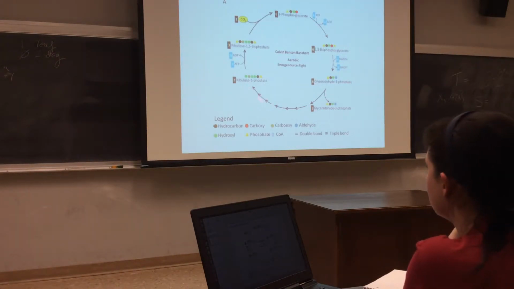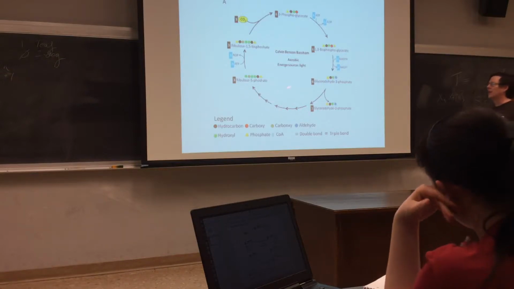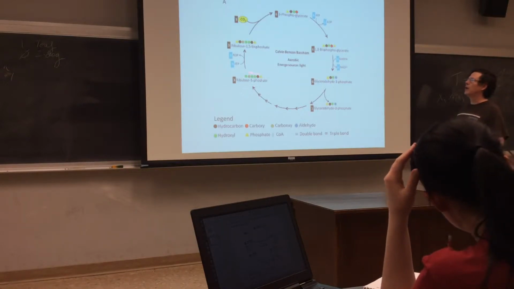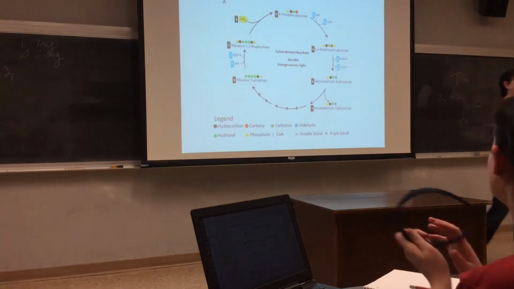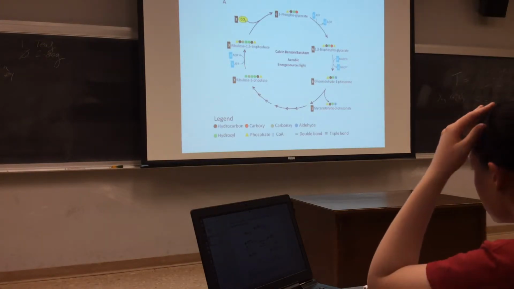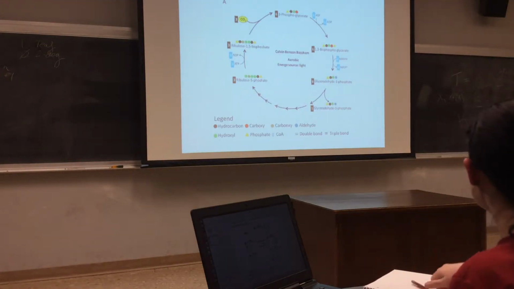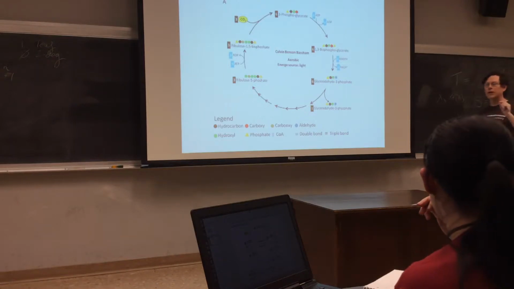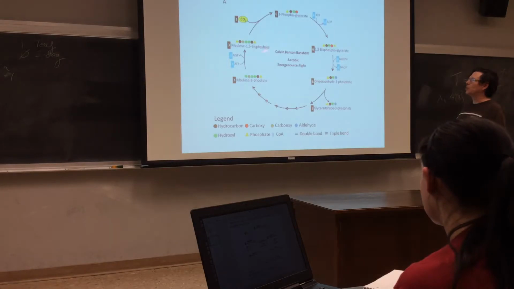Then there's all of those interminable transketolase, transaldolase steps to get you ribulose 5-phosphate. Also, there's a couple of epimerizations or isomerizations in there, which, again, from your list of reactions, go via double bond intermediates. We burn an ATP to get up to ribulose 1,5-bisphosphate, and we do it all again.